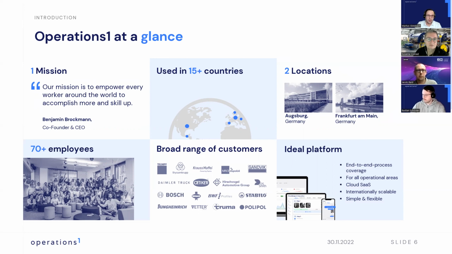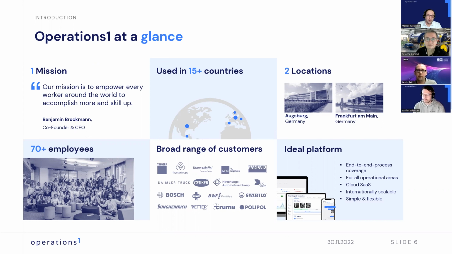Also, you can find us in operational areas like assembly, quality, commissioning, maintenance like with Oetiker, and occupational health and safety. And we are supporting our customers from 2 locations, Augsburg and Frankfurt. Above all, Operations One scores with the end-to-end process coverage, talking about implementation into existing system landscape.